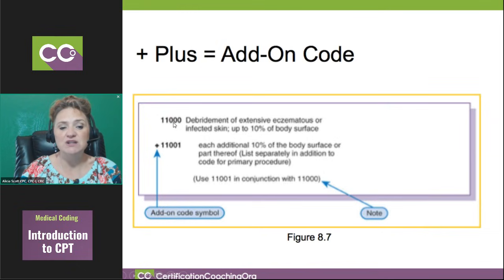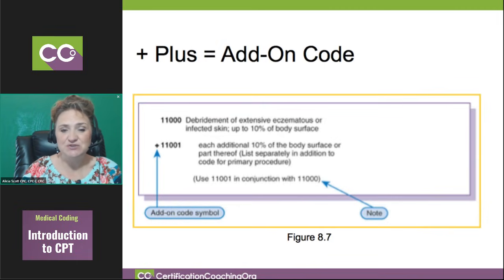So we've got 11000, and we've got the description here, which I'm not going to read. But if we need to expand the information for 11000, it may be applicable to also code 11001, which you'll see is each additional 10% of the body surface, et cetera, right?